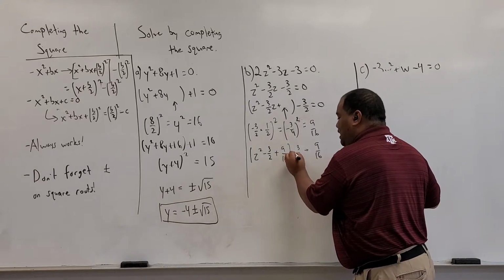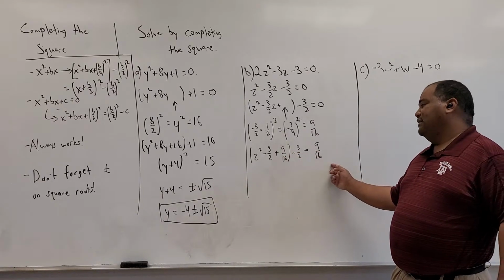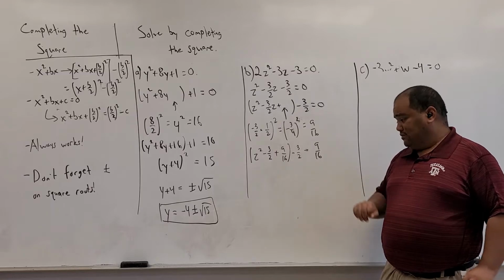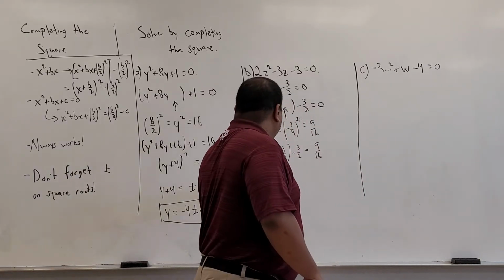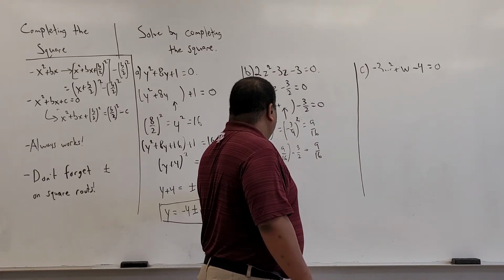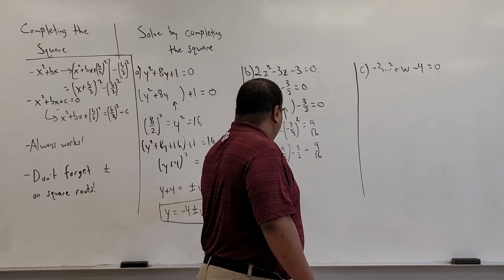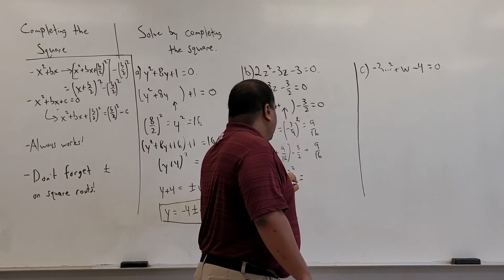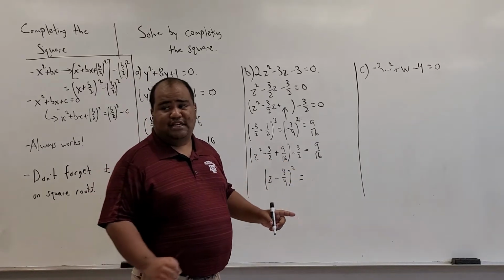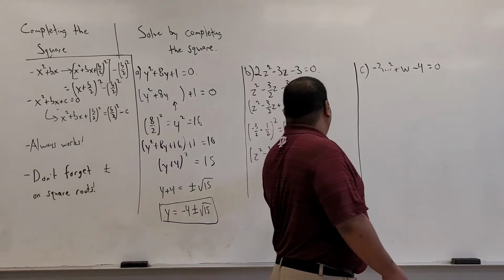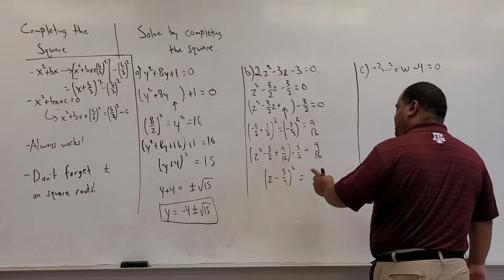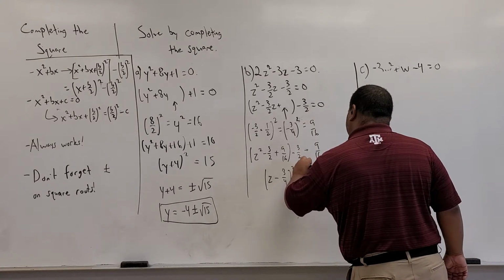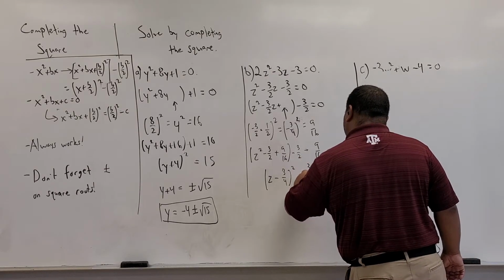Now we will go ahead and add 3 over 2 to both sides and factor this. So this bit factors as z minus 3 over 4 squared. And now when we add 3 over 2 to that side, we get a common denominator. We'll have 9 plus 24 over 16. 9 plus 24 is 33 over 16.